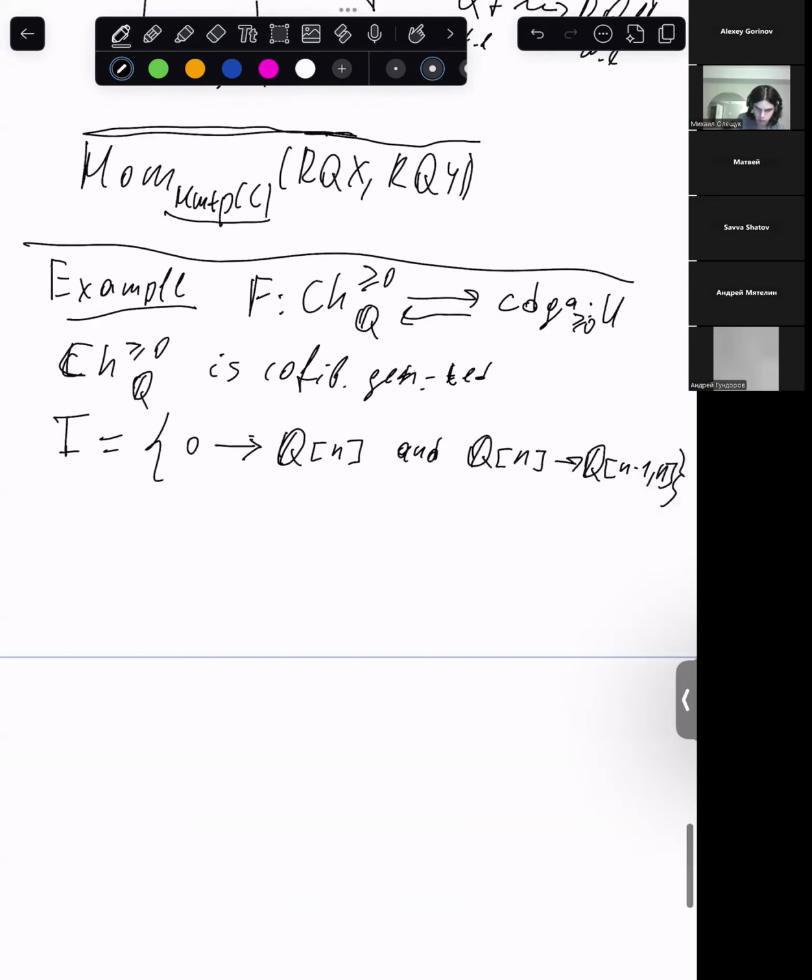By Q of n, I mean a complex that is zero everywhere but in n's place.